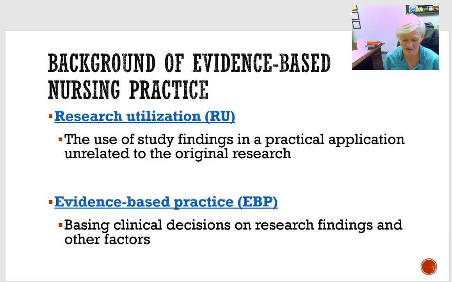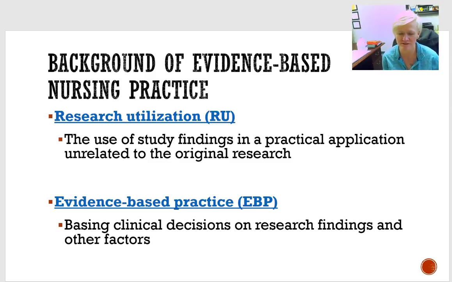It started out during the 80s is when nursing started really using this research utilization. And so what research utilization means is just they would take research and apply it in different situations and try to use it to see what kind of outcomes they got in different situations.